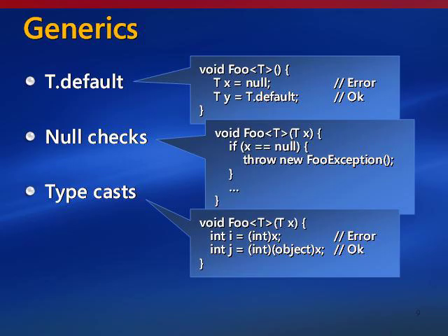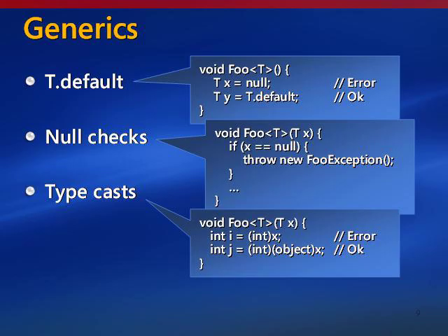The interesting thing is that while I'm not permitted to assign null to something of a type parameter type, I am permitted to check whether it is null. And it's a nice little idiom. Let's say I have Foo of T again, where I'm passed some parameter of type T, and when T is a reference type, I want to do something if it is null.